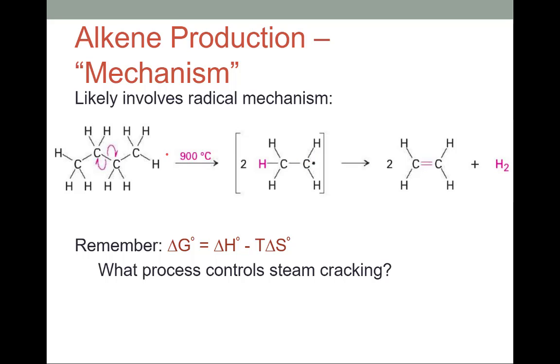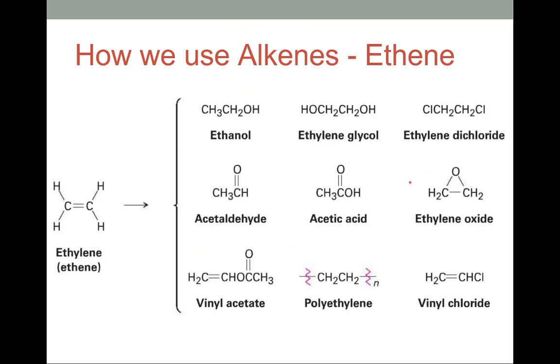But at these incredibly high temperatures, remember, that can affect our thermodynamics overall, particularly when we start talking about how temperature affects entropy. So if this happens, we could imagine losing this other hydrogen over here, producing H2 and forming a double bond.